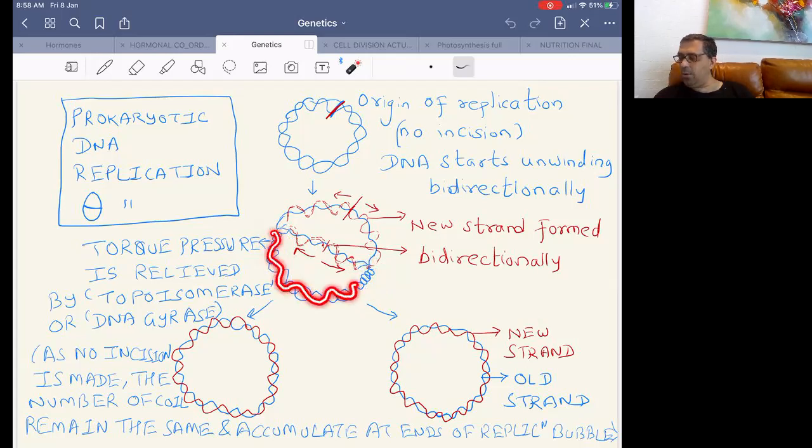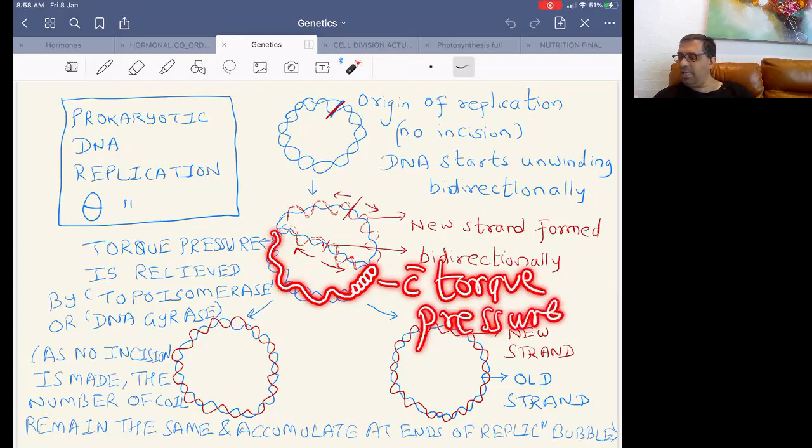तो समझो मैं यहां दिखा रहा हूं, ये है torque pressure. This is with torque pressure. And once the DNA gyrase or topoisomerase cuts it and relieves the torque pressure, now it will look like this.